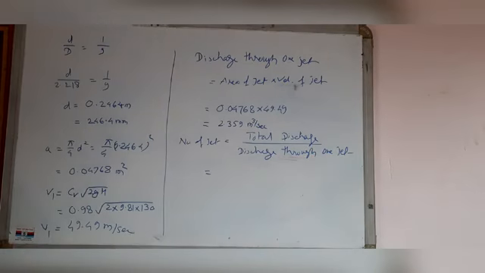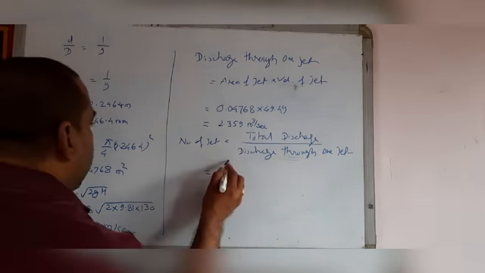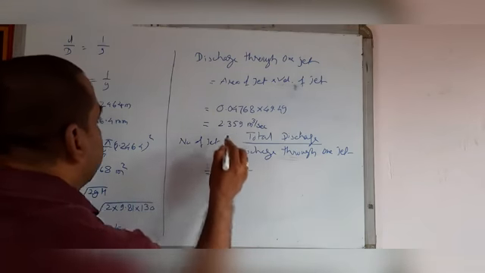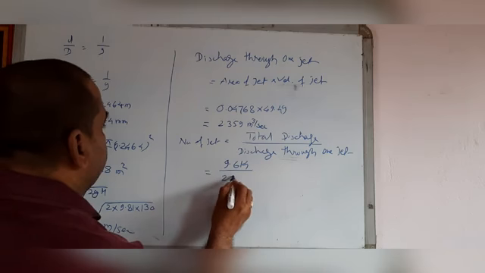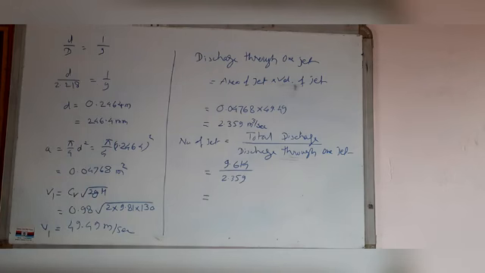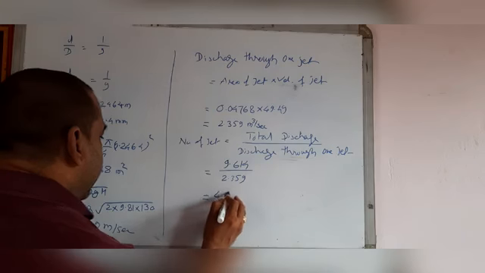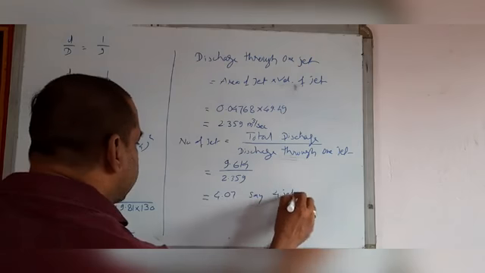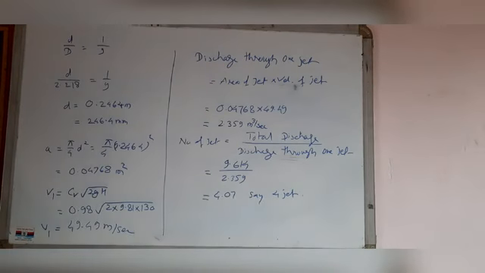Total discharge we have calculated earlier, 9.614 meter cube per second, and discharge through one jet is 2.359. So the number of jets comes 4.07. So 4 jets are required for this discharge.